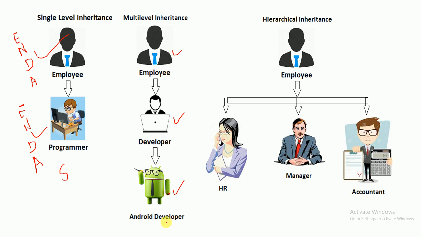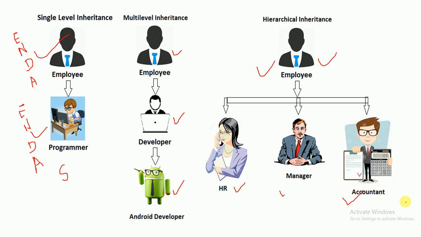Android developer is the derived class of developer and developer is the derived class of employee. So this is in multiple stages, multi-levels are there, so the name multi-level inheritance. Next is hierarchical inheritance. In hierarchical inheritance, the base class is employee and derived classes are HR, manager and accountant.